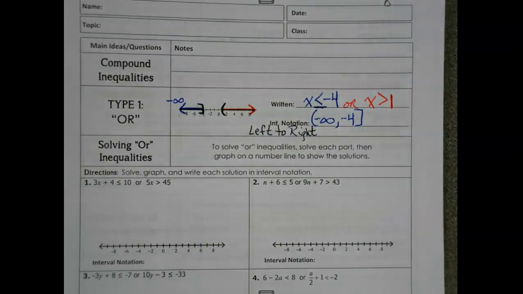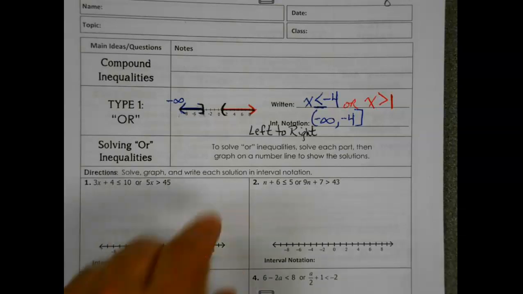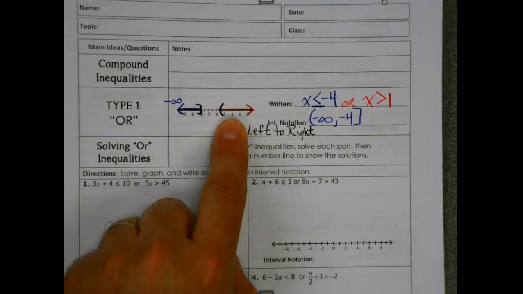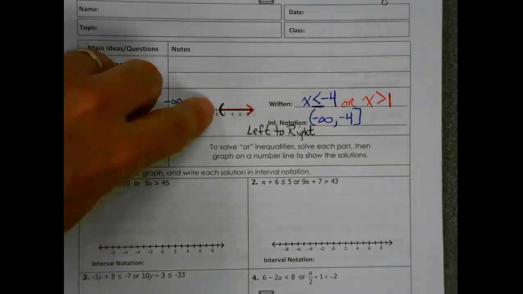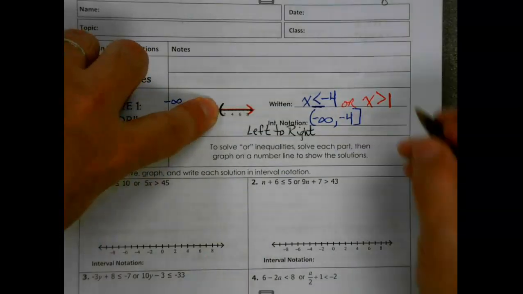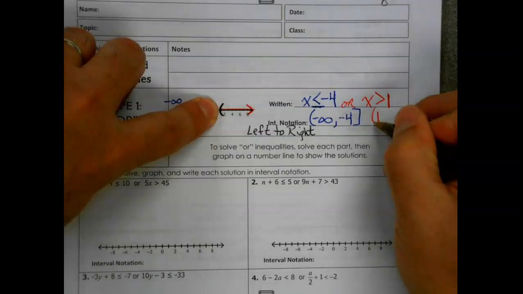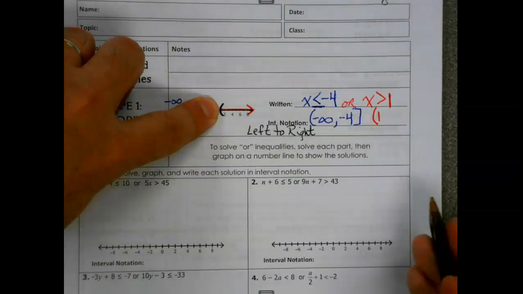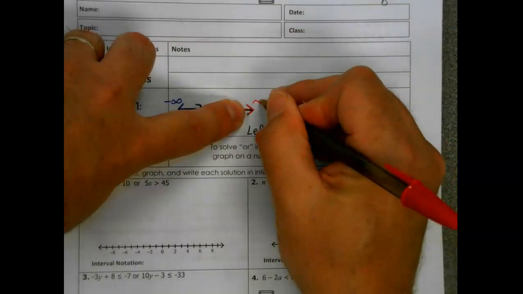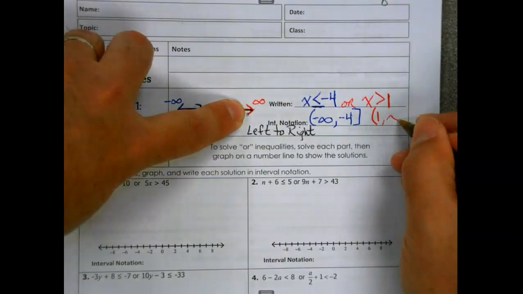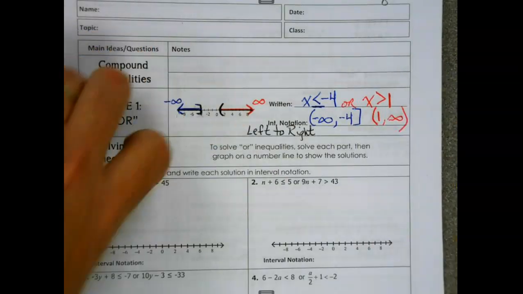Okay, that finishes off the first part of my graph. But there's still another piece over here. So over here I do the same thing again. Where am I starting? I'm starting at 1 with a parenthesis there, just like I see on my graph. And I'm going off forever to the right to +infinity.